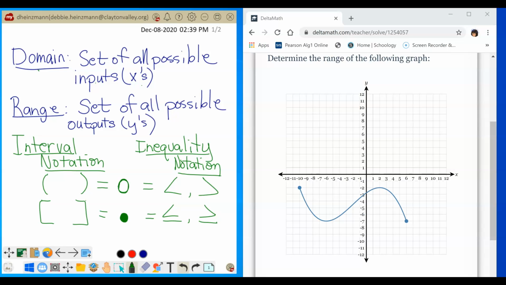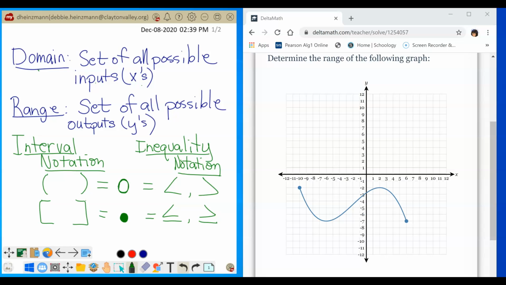So the domain of a function is the set of all possible inputs, the set of all x's. And the range is the set of all possible outputs, the set of all y's that you could get.